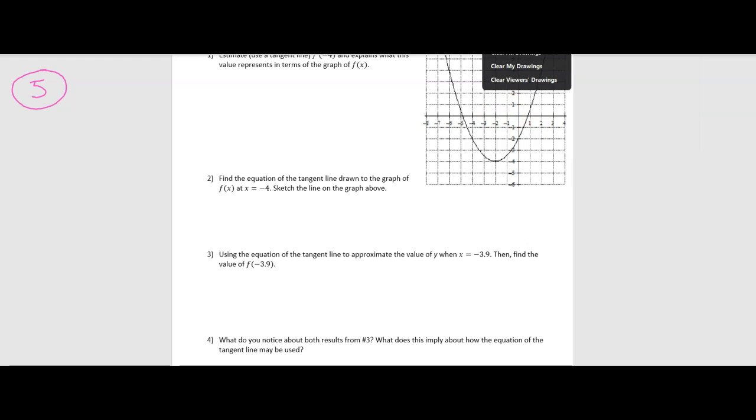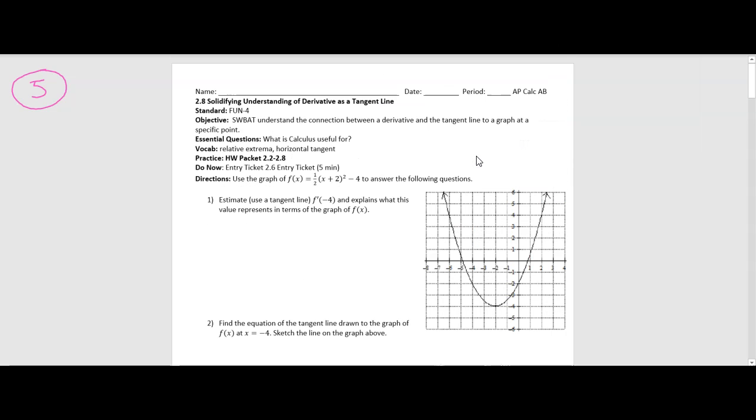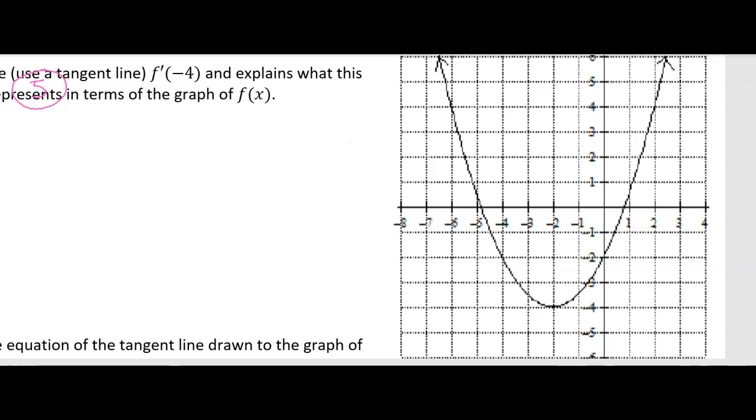Let me zoom in on this graph real quick and kind of show you what I mean. Okay, so if I draw the tangent line to my graph at x equals negative 4, where it looks something like this. If you pick a point that's far away from the point of tangency, so let's say I pick this point right here.